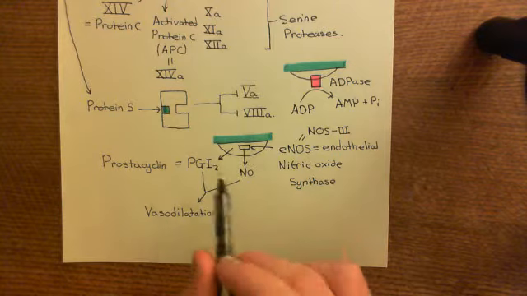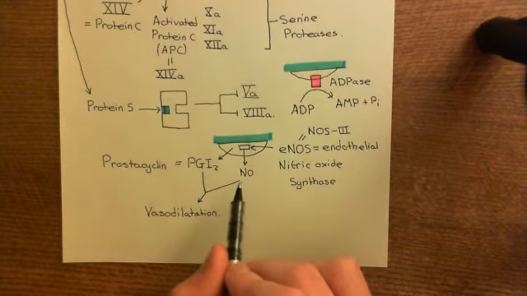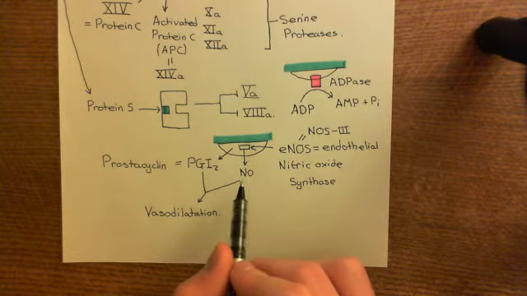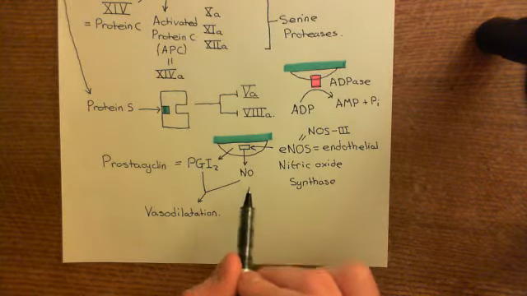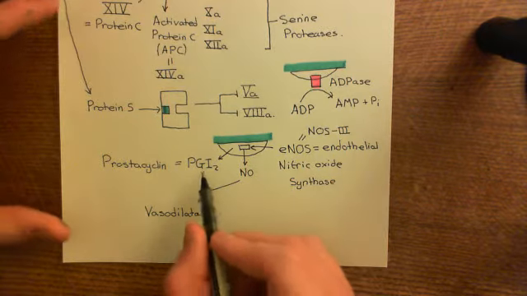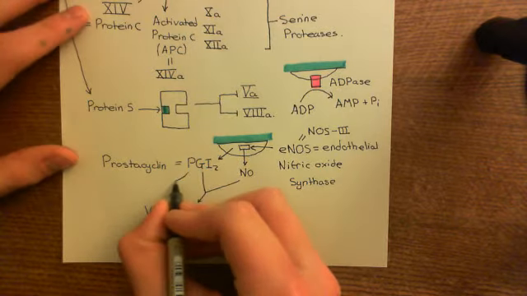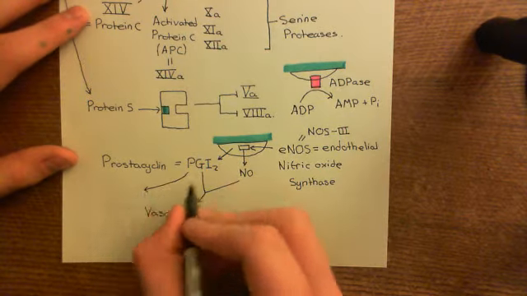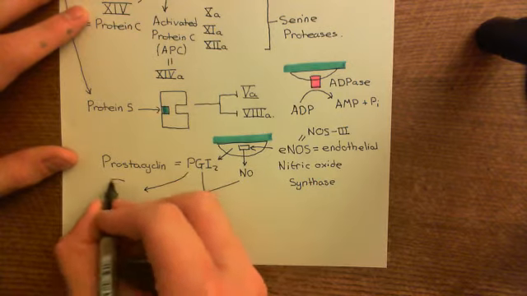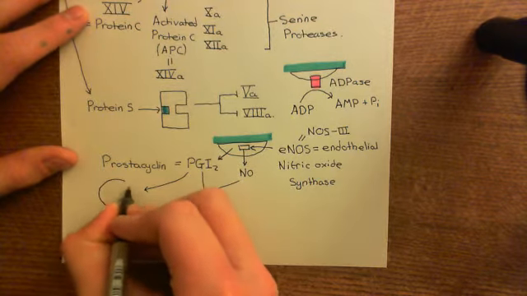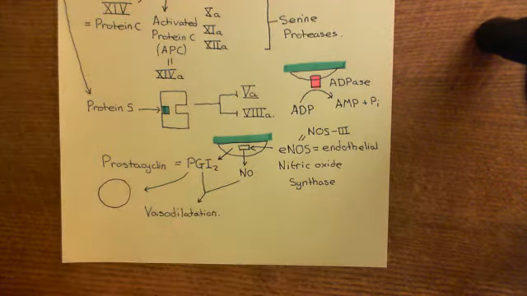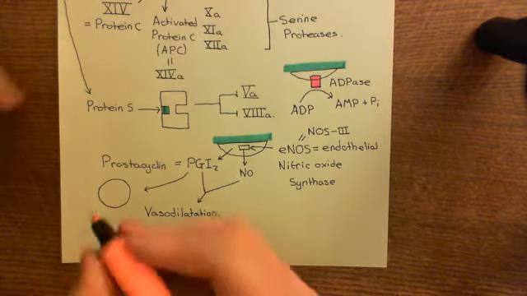Okay, and they also both have effects to inhibit platelet aggregation and activation. So prostacyclin stops platelets from being activated. So when platelets are exposed to prostacyclin, so let's say we have a platelet here, then the platelet will not undergo activation, basically.